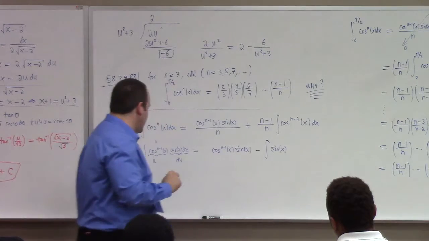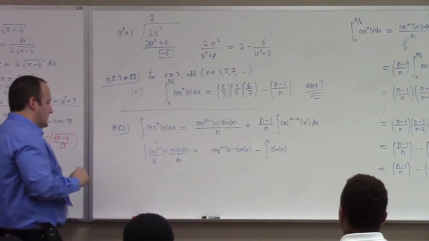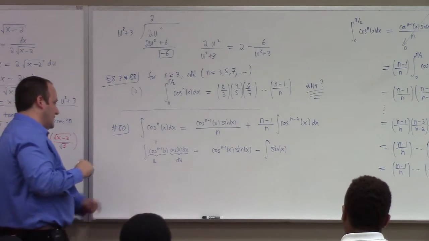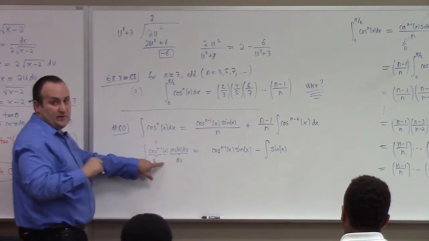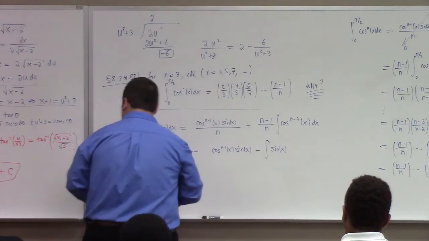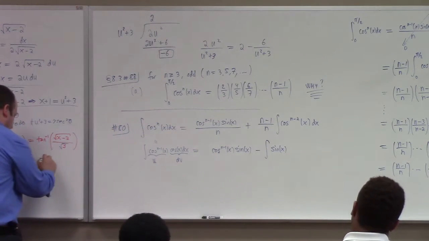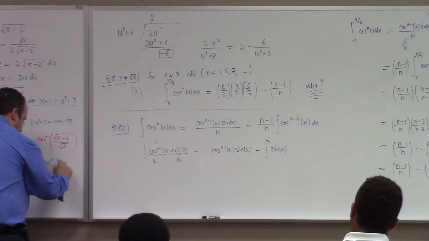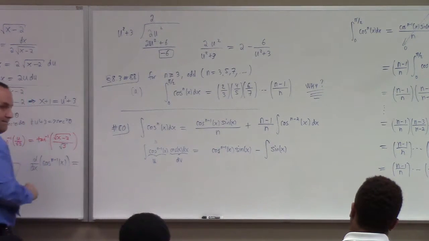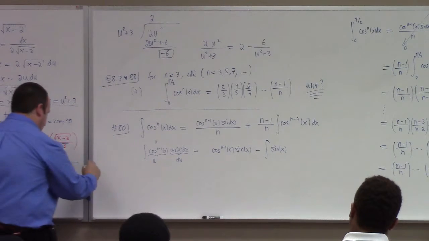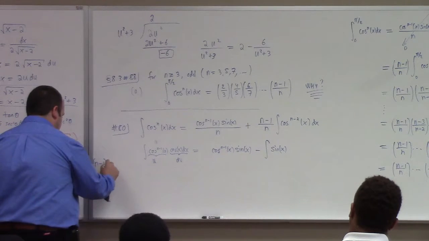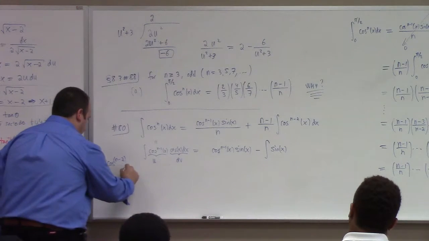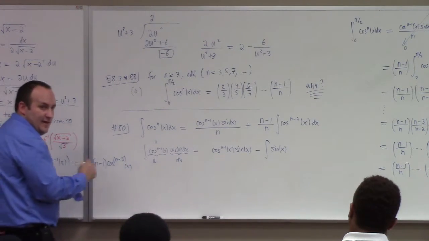of x, and what's the du? Oh, now there's where the fun is. If u equals cosine to the n minus 1, what's du? Differentiate cosine to the n minus 1 of x. What does that equal? N minus 1, right? Cosine n minus 2 of x times what? Now there's a minus.